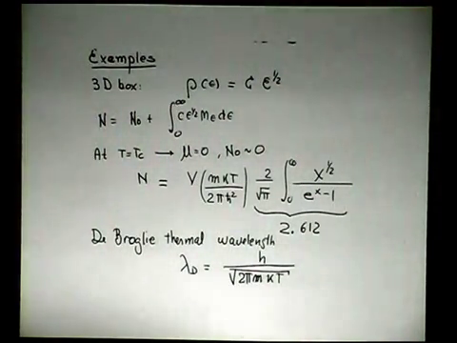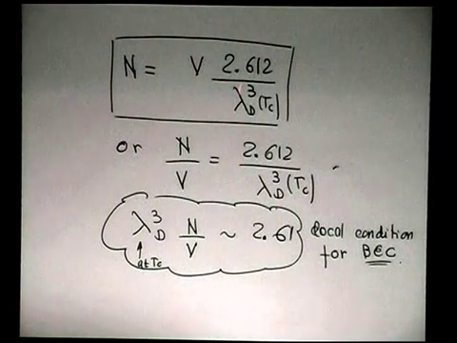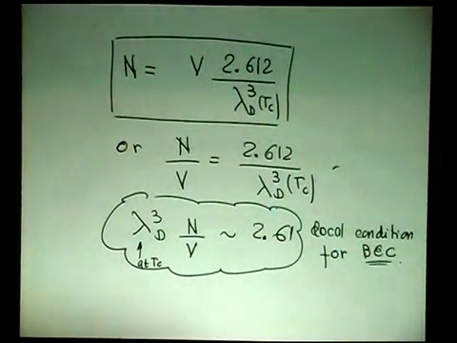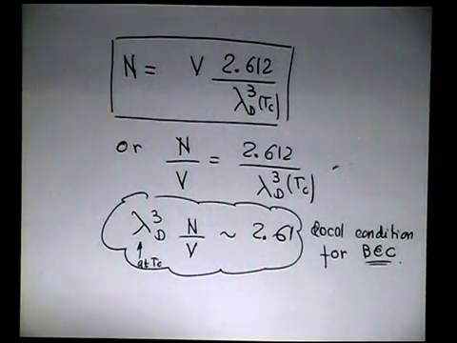You do all the integrals, and you find there is a point where that number starts to grow, and normally the temperature when that happens is when you have 2.612 in phase space density.